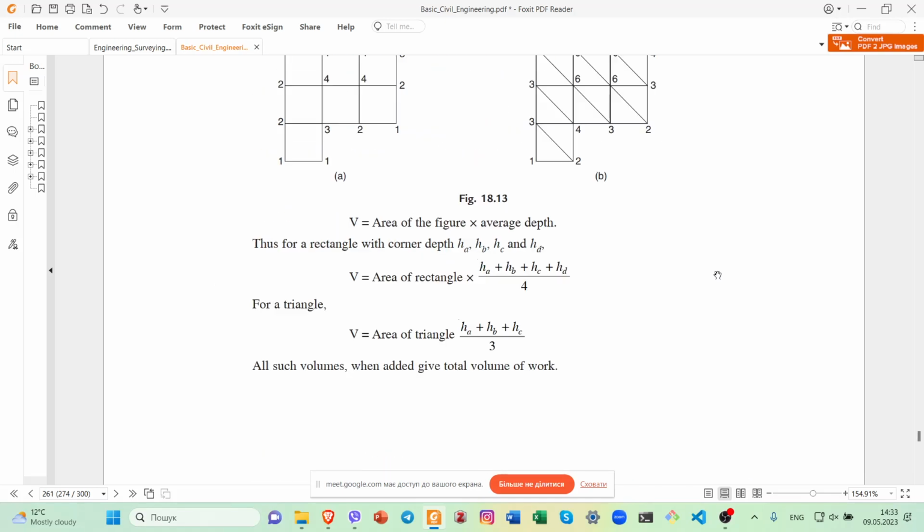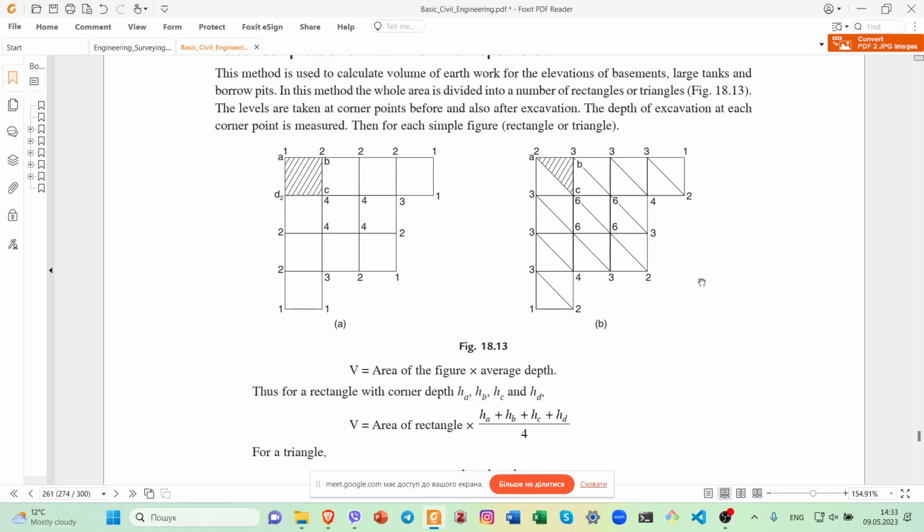So, for example, you can imagine we just know the area of each rectangle, and the difference between the upper surface and the lower surface is the height of the prism.